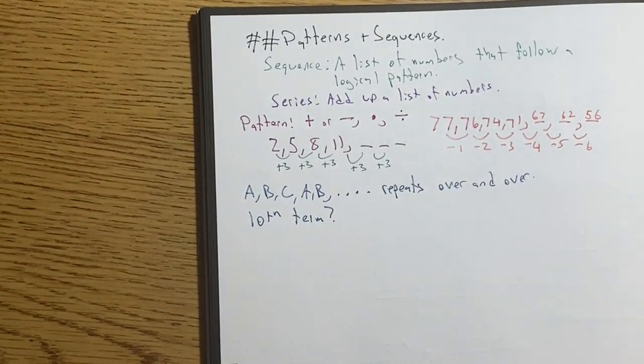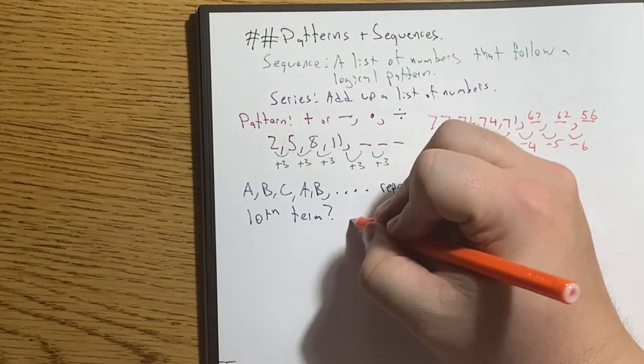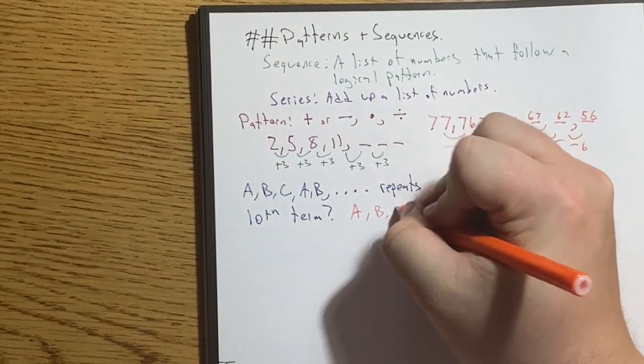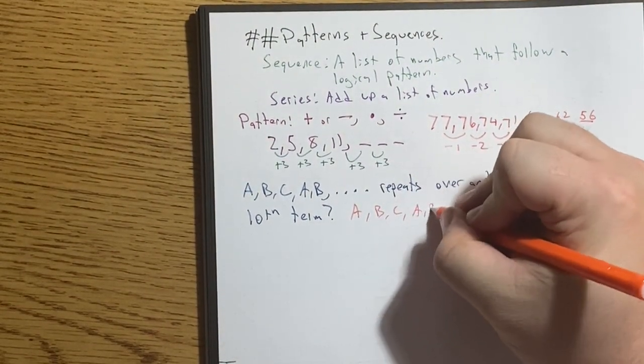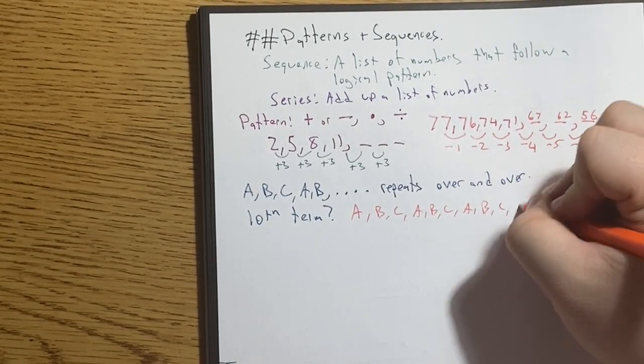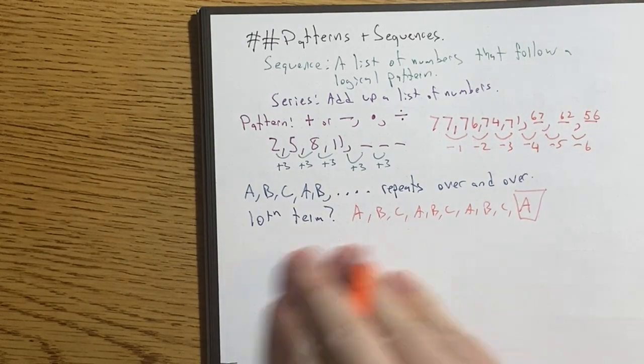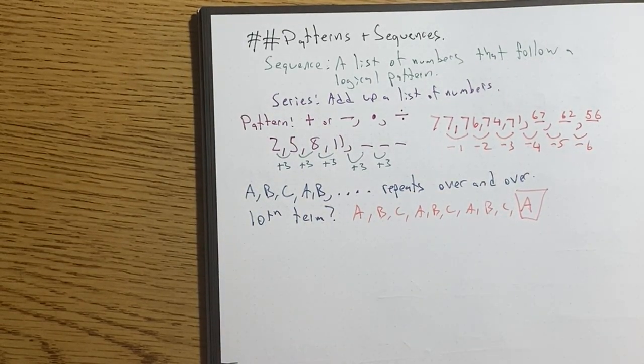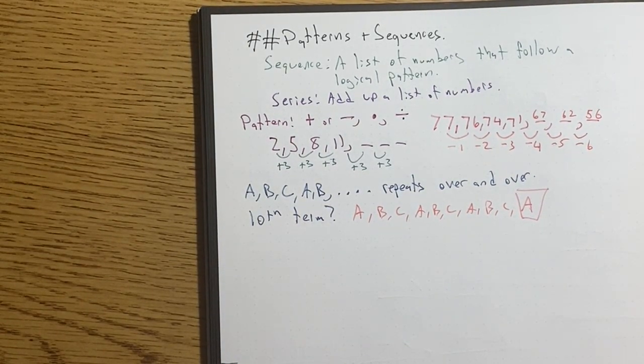Maybe you don't know off the top of your head, so you could just write out 1, 2, 3, 4, 5, 6, 7, 8, 9, 10. Not too bad, though it would take a while.